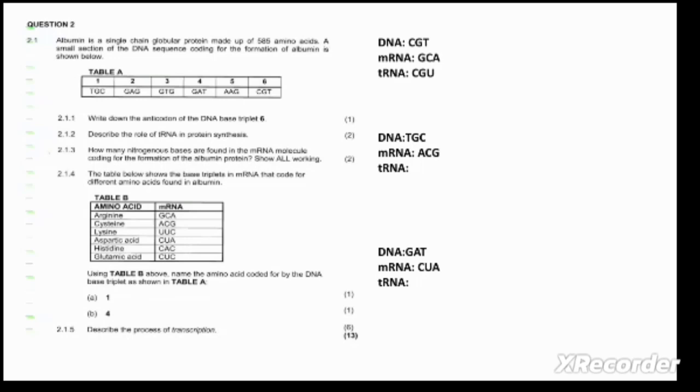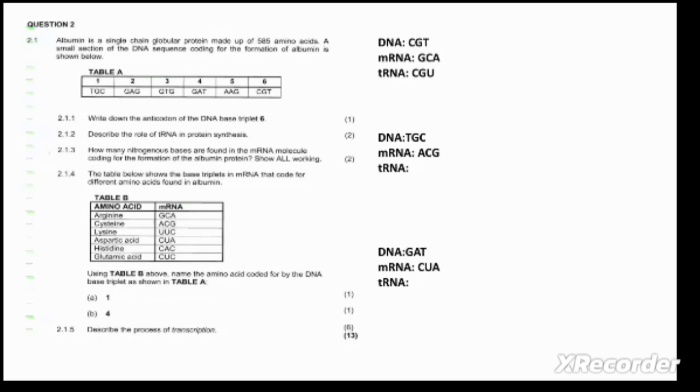Let's look at the next question. It says the table below shows base triplets in mRNA that code for different amino acids found in albumin. So we have the amino acids and then we have the mRNA base triplets. Using the table, name the amino acid coded for by the DNA base triplets shown in table A. Right, so they're looking for amino acids 1 and 4.